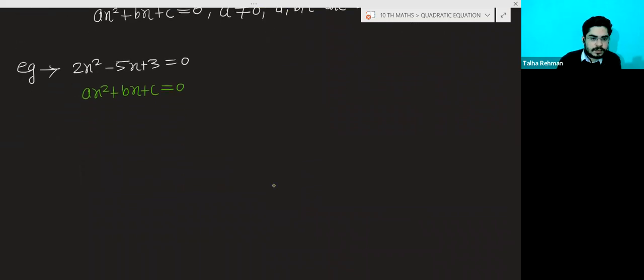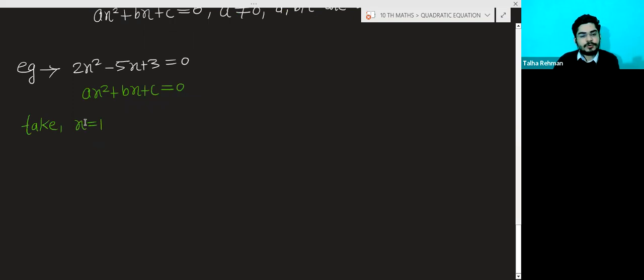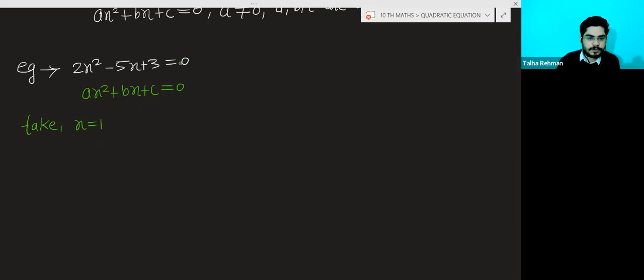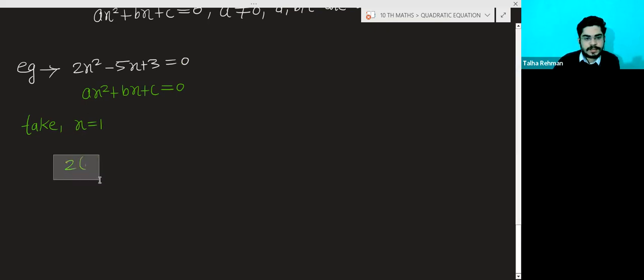Suppose I am taking x is equal to 1, and I am putting this x is equal to 1 in this equation. Take the left hand side first.